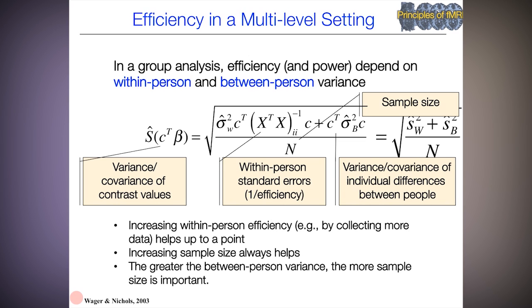So increasing within person efficiency will help by collecting more data, for example, up to a point. Increasing the sample size always helps because I'm always going to divide by the square root of the sample size, N, at the end of the day.